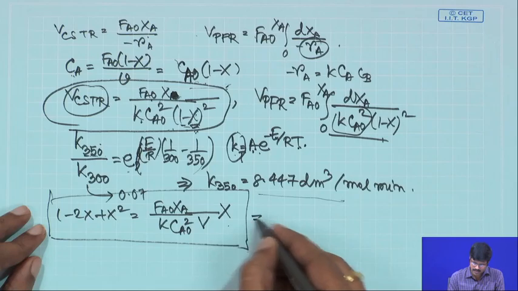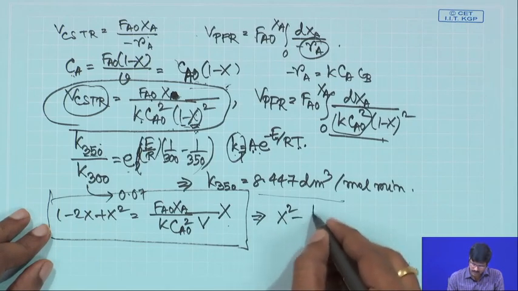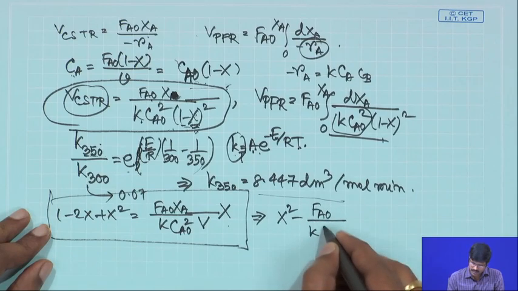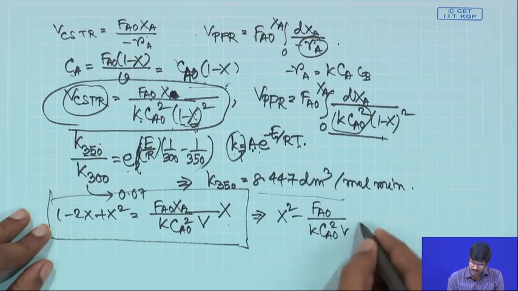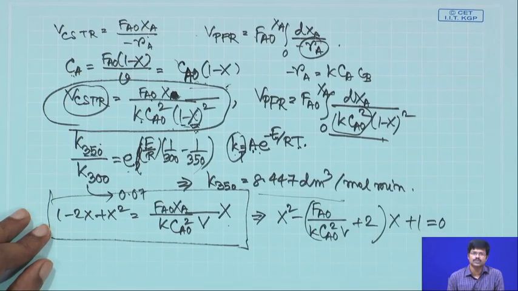If you rearrange this, what you will get is a quadratic expression in terms of x: Fa0 divided by k Ca0 square into v plus 2, into x, plus 1 equal to 0. This is a quadratic expression that you will get.